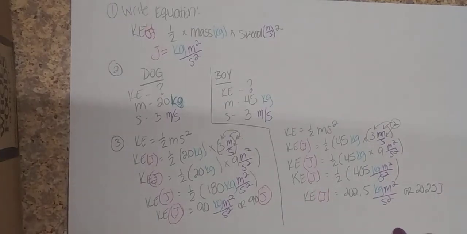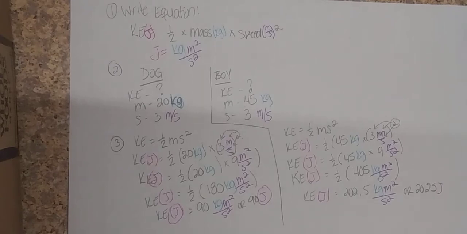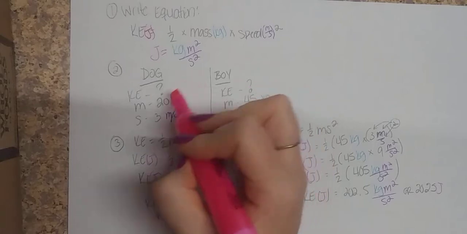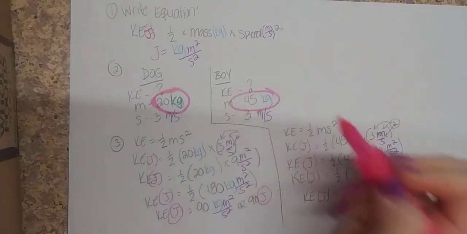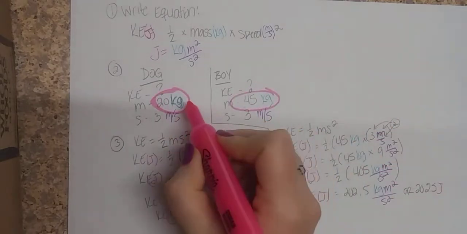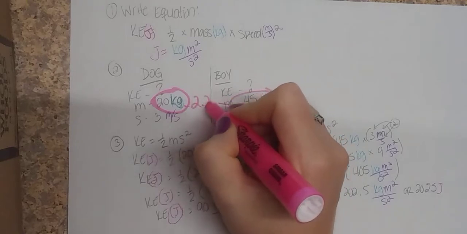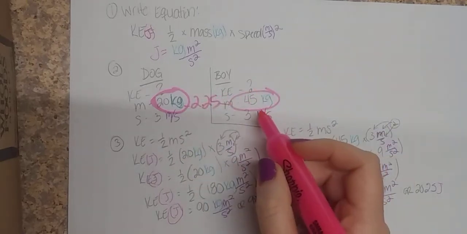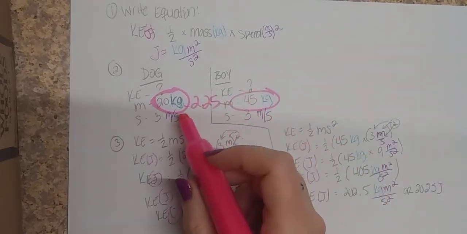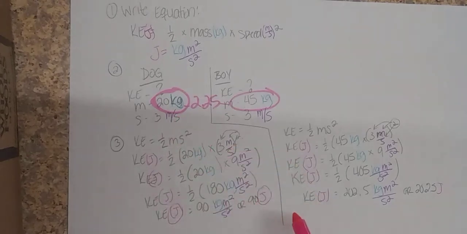So now I want to see the relationship between these. The difference between the two masses, if you calculate the difference, is 2.25. So 45 is 2 1/4 times more massive than the dog at 20. So now let's look at our energies. We have 90 joules and 202.5 joules.